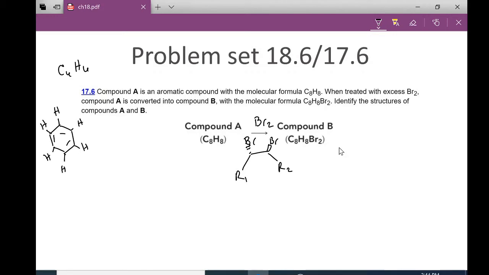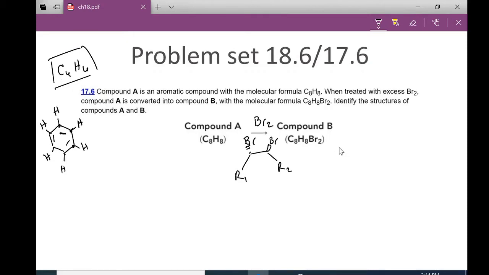Remember, each carbon can have four bonds. So this carbon is double bonded to another carbon, so that's two bonds. It's single bonded to this carbon, so that's three bonds. And it has a hydrogen, so that's four bonds. So each one of these carbons only has one hydrogen on it, giving it the molecular formula C6H6, okay?